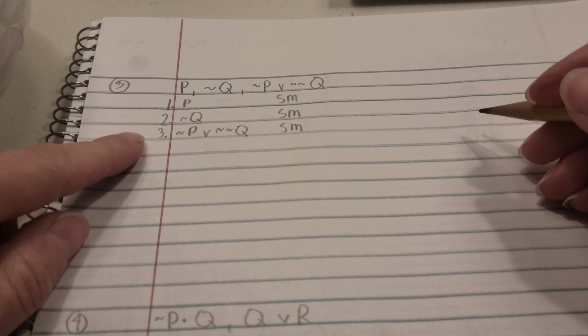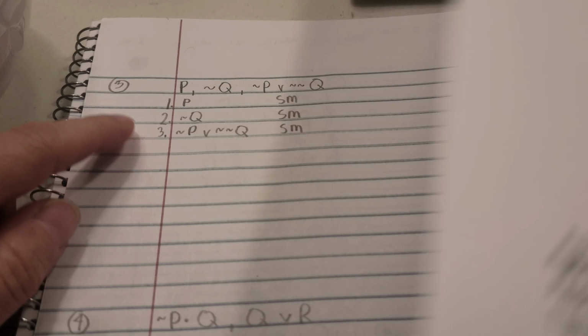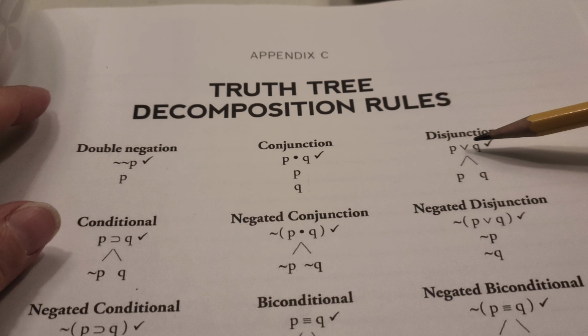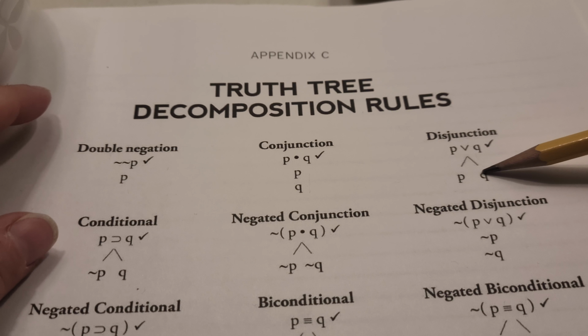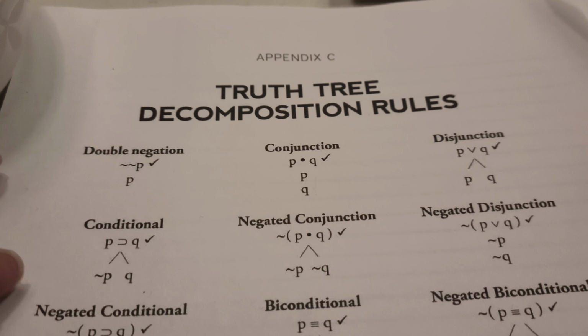So the only one we have to look at here is this number 3, and it is a disjunction. So let's look again at what our disjunction decomposition rule is. Remember, it's kind of like an upside down V because it has options. So it will branch because there's 2 options that it could be, whereas the conjunction was a straight down right there.